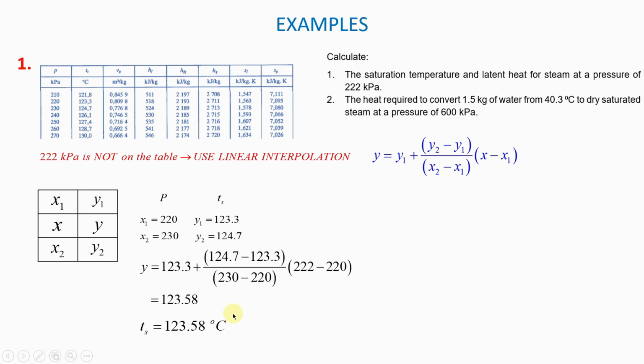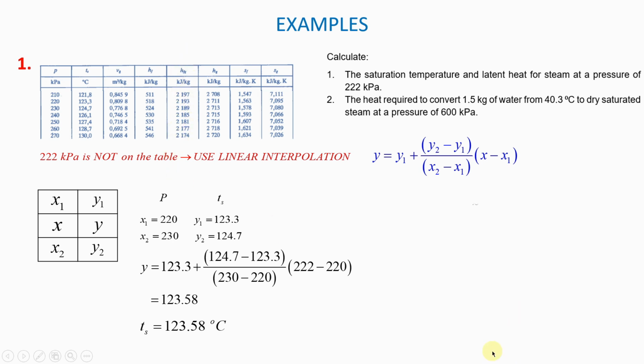Because we also need to find the latent heat, which is HFG, we are going to use linear interpolation again, but this time the rows of interest are the row for pressure, because we have a pressure of 222 kilopascals, and then the row for latent heat, or HFG.